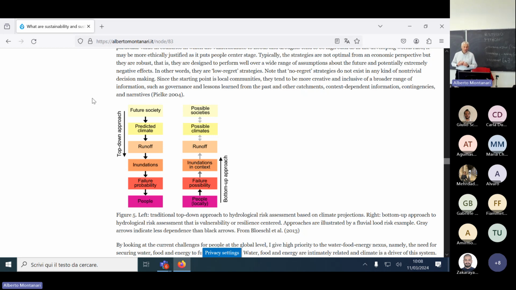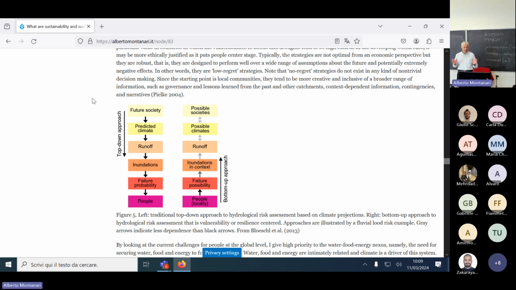Is it doable? Okay, if it is doable, then let's do it. If it's not sustainable, we need to find another solution. And when we find a solution, then we can test the solution against the prediction of future climate. So we can test the solution against the predictions, whatever the problem is, okay?